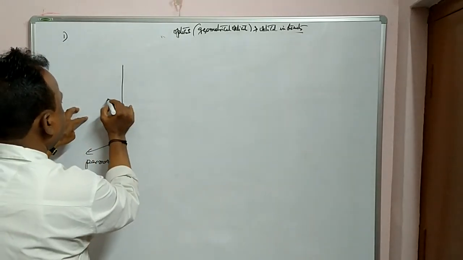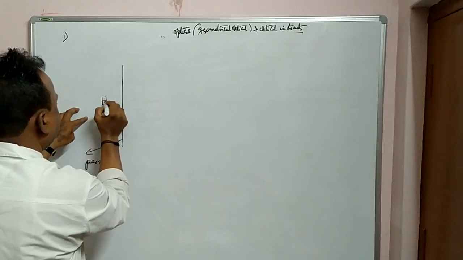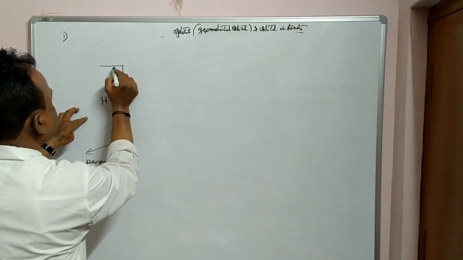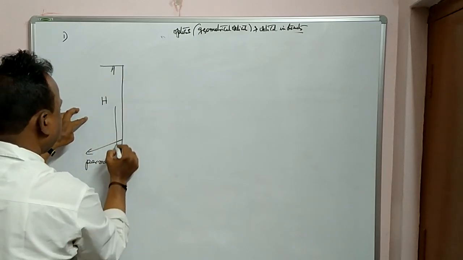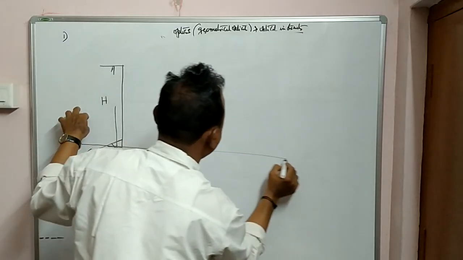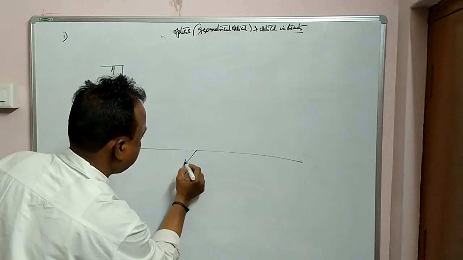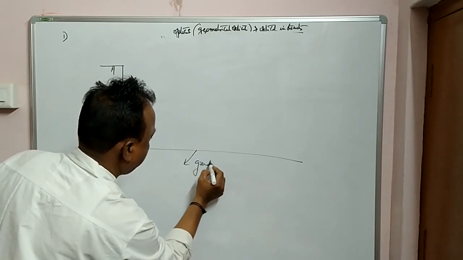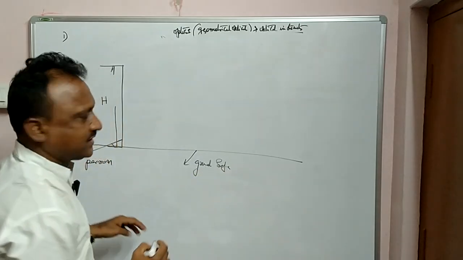Now let capital H be the height, let this be the ground surface.